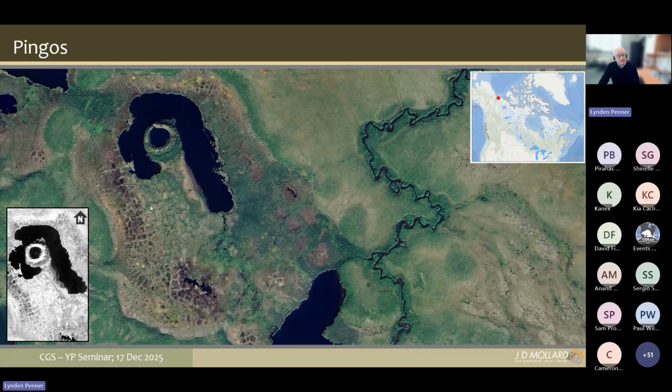Here again, you can see these ice wedge polygons in the depression that is around or within which that pingo formed. And beaded drainage.